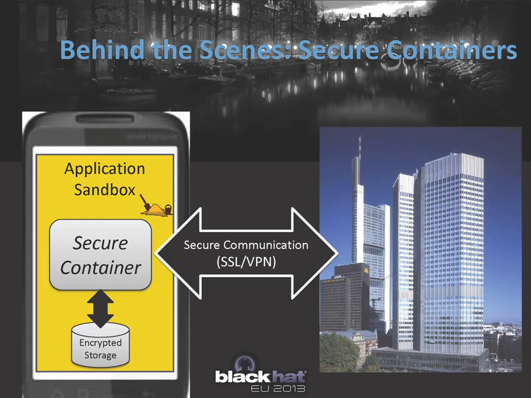And the second thing is that they have their own secure storage within the environment of that application. So all the information that is being pulled from the perimeter to the mobile device is encrypted to the storage. But the really important part in this slide is the yellow part, which is the application sandbox.